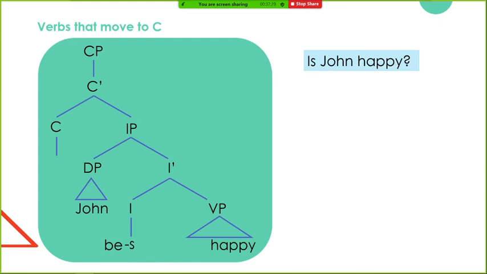Of course, we don't pronounce this as "bees", we pronounce this as "is" because this is an irregular form, but it is just the verb to be plus the tense morpheme. Now, once it's in that inflection position, we know that with inversion, you can invert the inflection and stick it into the complementizer position. And so you end up with the verb in the complementizer position as a result of two different head movements, one moving from V to I and the other moving from I to C.